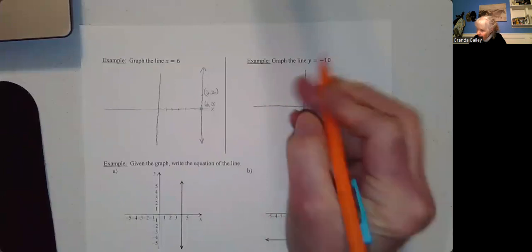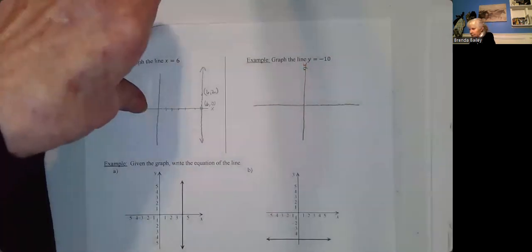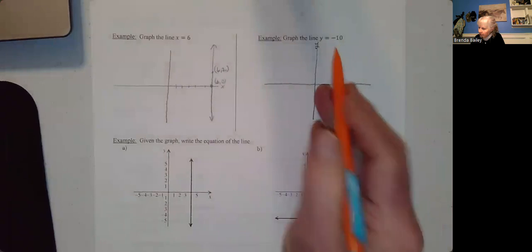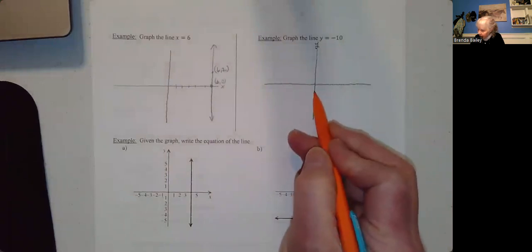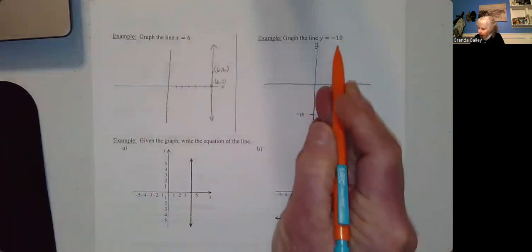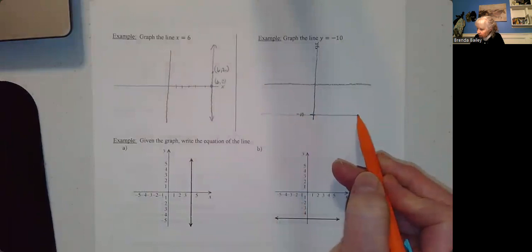I'm going to go to the y-axis at negative 10. And it will hit the y-axis at negative 10. It's a horizontal line.